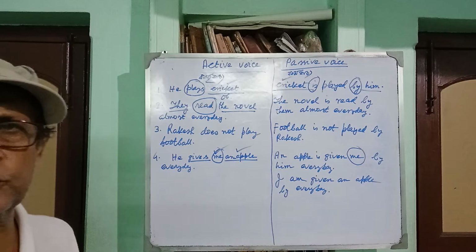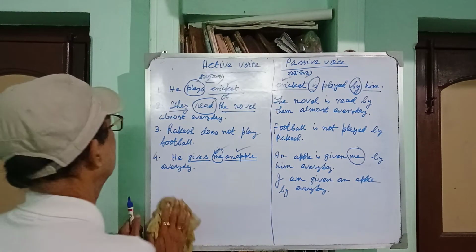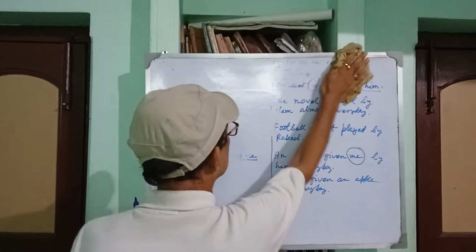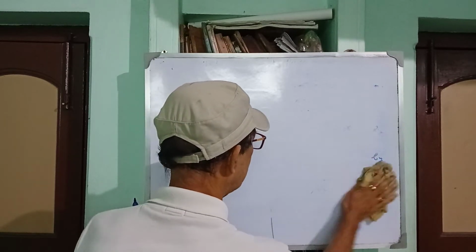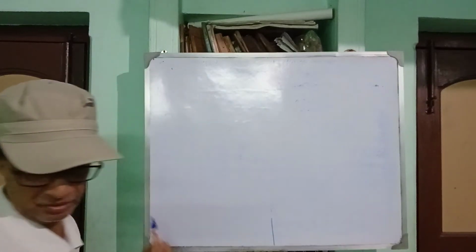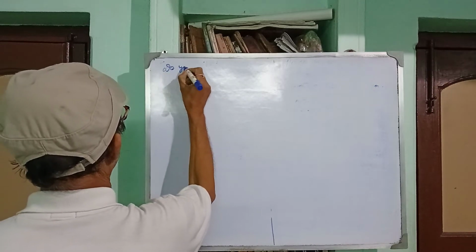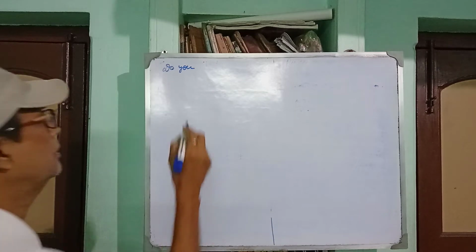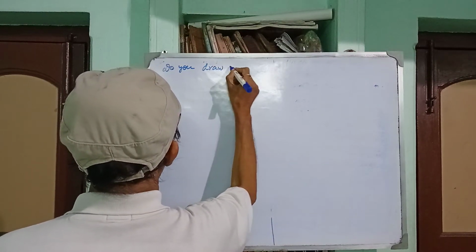Now let us take two other examples of interrogative sentences. For example, let us take two examples. Do you draw pictures?